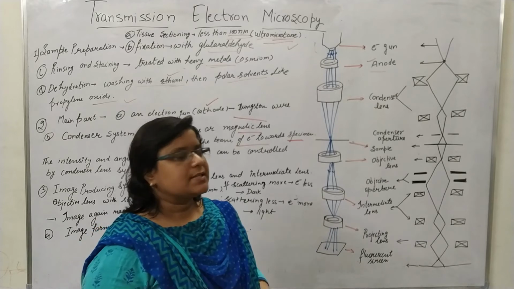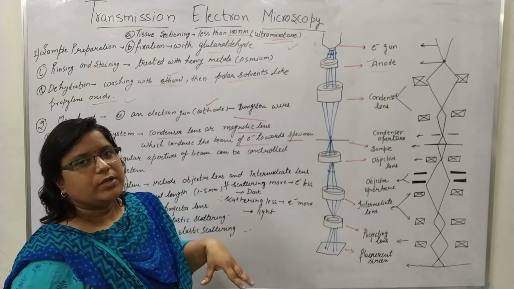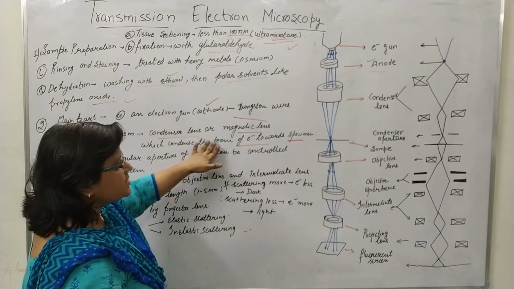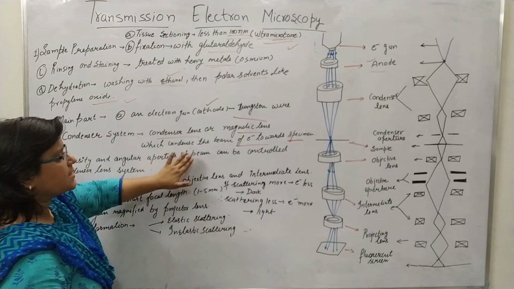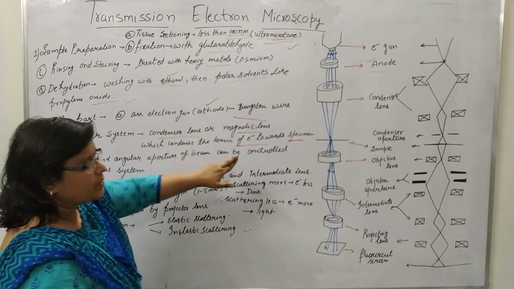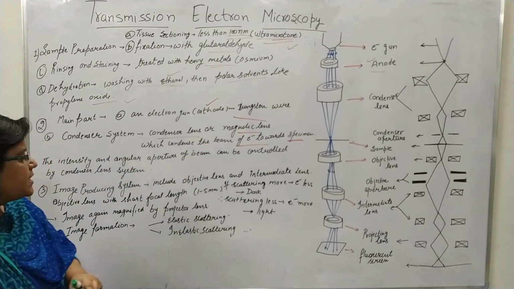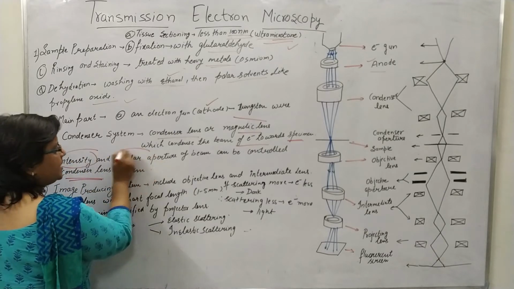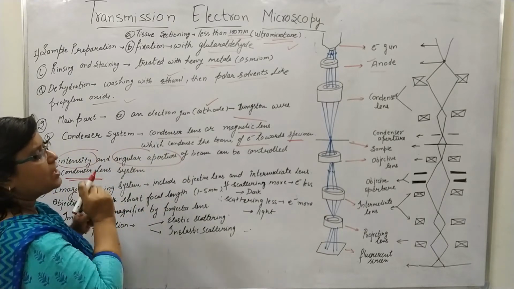Now we will discuss what happens during image formation. Here the condenser lens, or magnetic lens, condenses the electron beam towards the specimen, and this condenser lens controls the intensity and the angular aperture also.